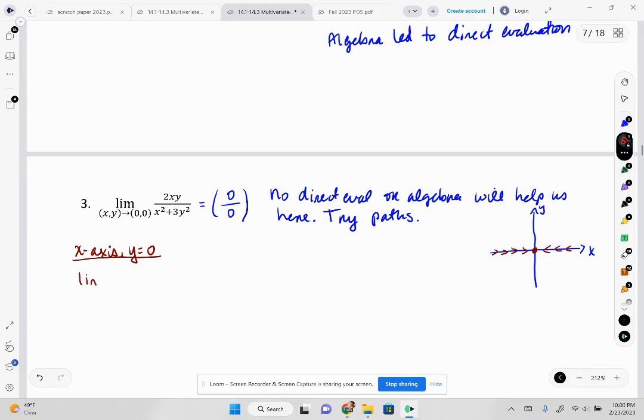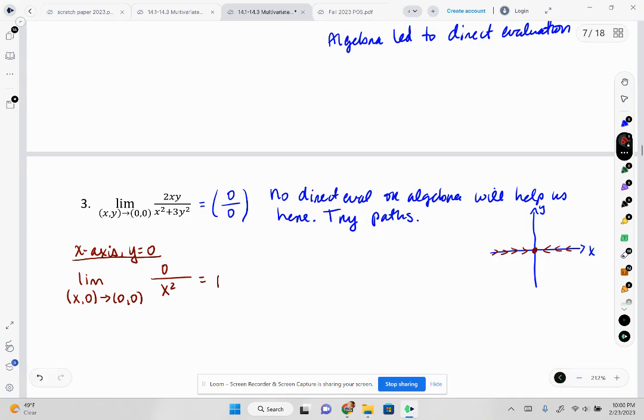So what that looks like is we have the limit of (x, 0) approaching (0, 0). Everywhere there's a y, I'm going to replace it with 0. So when I plug in 0 to my function, I get 0 over x squared. Well, I should just simplify that first, because 0 over anything is just 0.